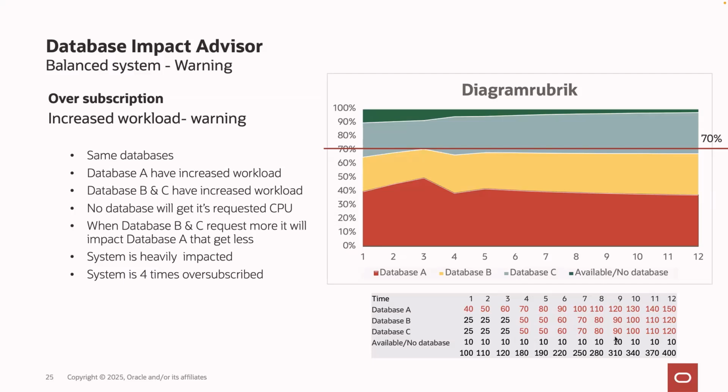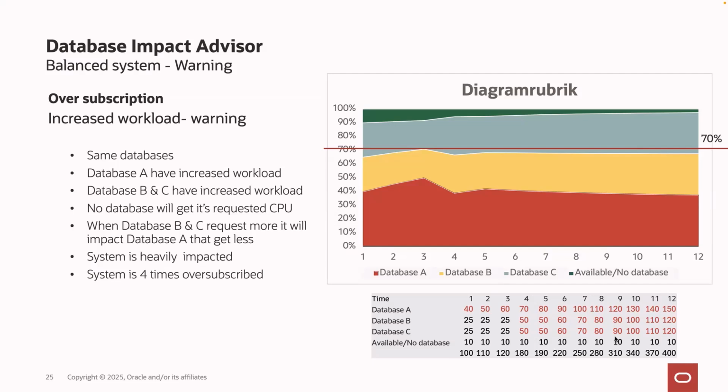But in the situation here, at hour 4, where they start to increase to 50%, that means that database A will not get their resources either. So it will drop in performance and have less resources.